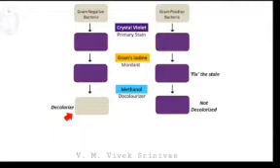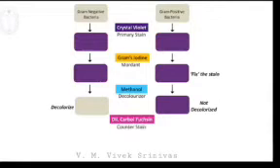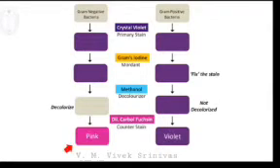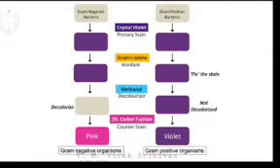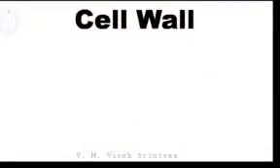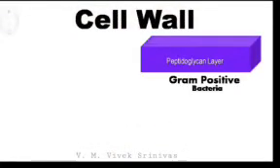Next we stain with the counterstain, which is called carbol fuchsin. We find that Gram-negative bacteria change to pink, while the positive ones retain the color and become deep violet. The reason is their differences in cell wall.